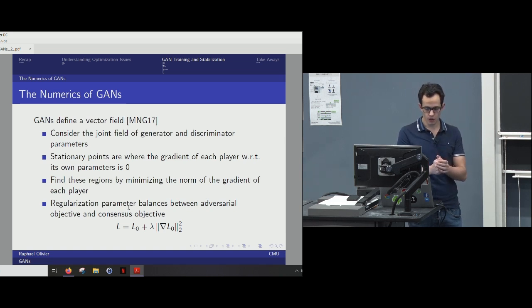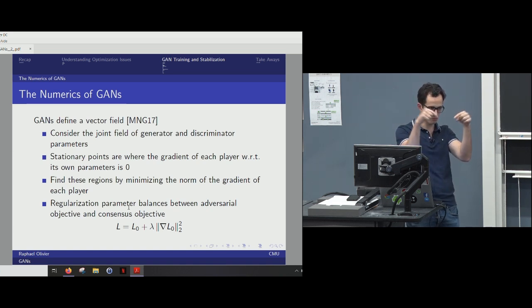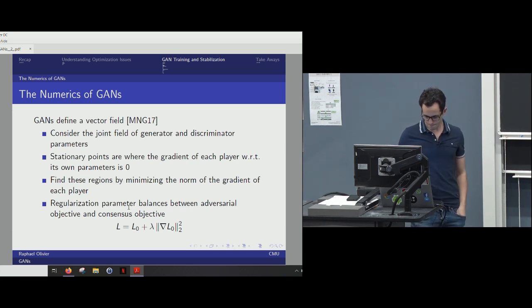The idea being, if you were in a situation where the gradients are sort of a circle around the stationary point, this is the small push in the right direction that's going to make the gradients point toward the center. It's a little tricky. And in particular, it's got one big problem, which is that they call that a consensus objective.